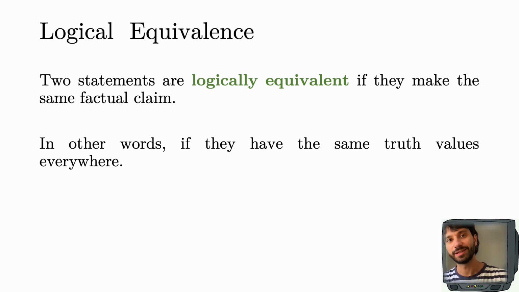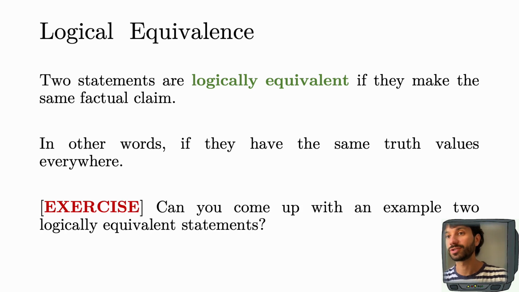It doesn't mean necessarily that they have the same meaning, but it does mean that they have in some sense the same logical meaning in that they're both true at the same time and they're both false at the same time. So here's an exercise. Can you come up with an example of 2 logically equivalent statements? Again, I urge you to pause and to come up with one yourself.